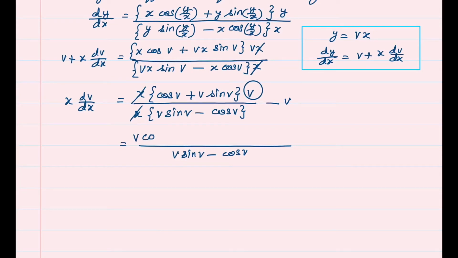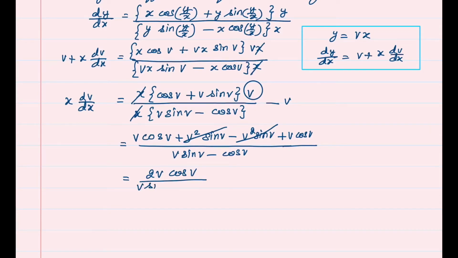So, it becomes v cos v plus v square sin v, and let us distribute this negative sign, minus v square sin v minus of minus plus v cos v. It becomes 2v cos v divided by v sin v minus cos v.